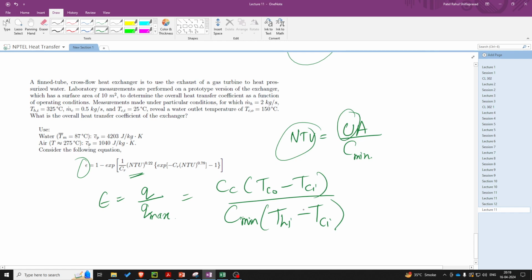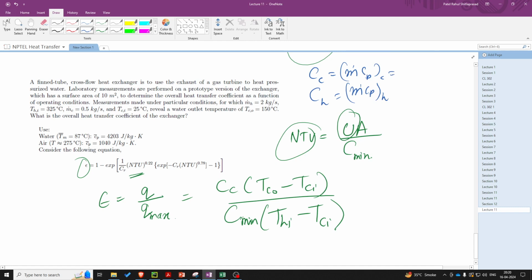Now we can replace the desired values in order to find the effectiveness. We don't know what C minimum is, so we can calculate both of these terms: Cc for the cold fluid will be m dot Cp of the cold fluid. Similarly, Ch for the hot fluid will be m dot Cp of the hot fluid.